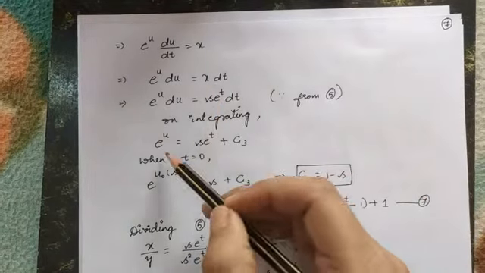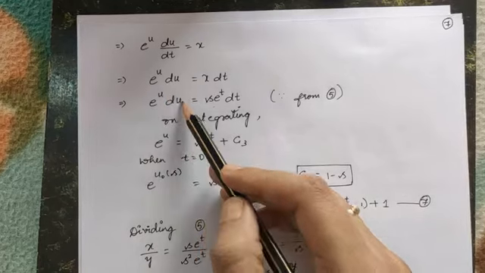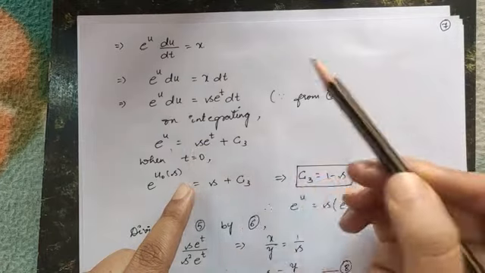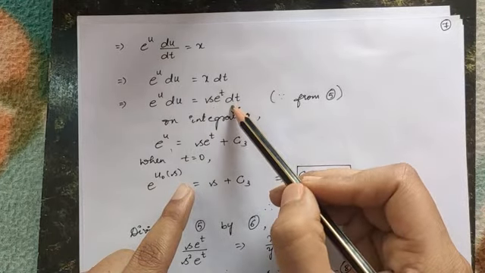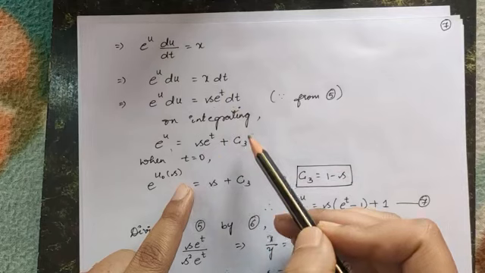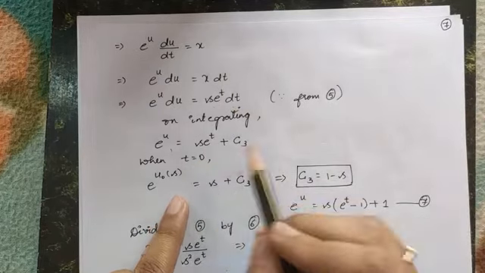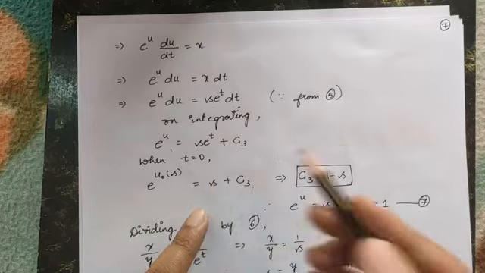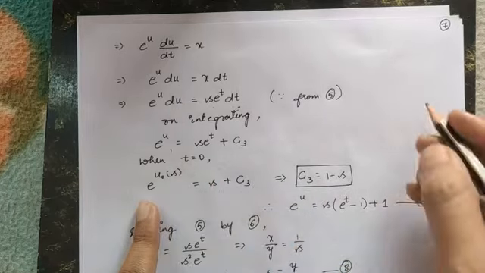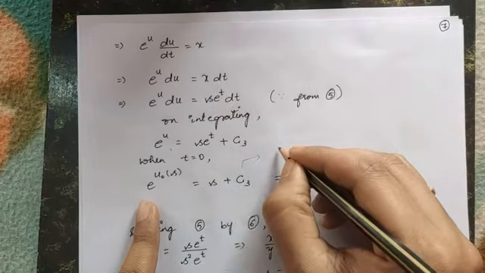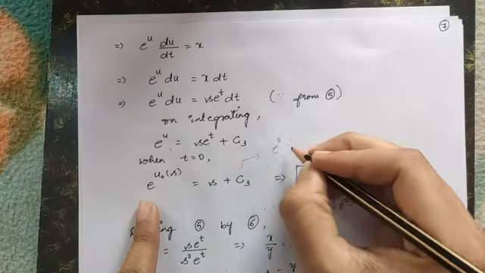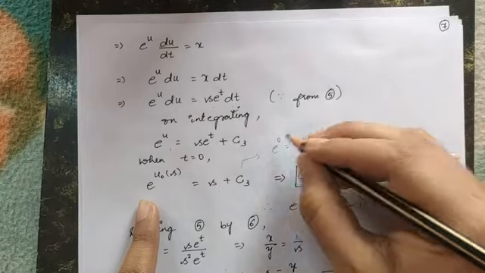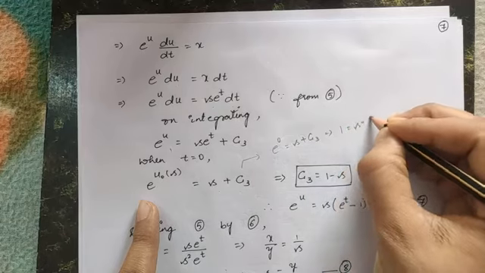Now integrate this. If you integrate e power u with respect to u, it is e power u itself, and s acts as a constant here. E power t with respect to t integrates to e power t itself, with a constant. Again, when t is equal to 0, e power u naught of s is equal to s plus c3. The u naught of s value is 0, so this is nothing but e power 0, which is 1, equal to s plus c3.